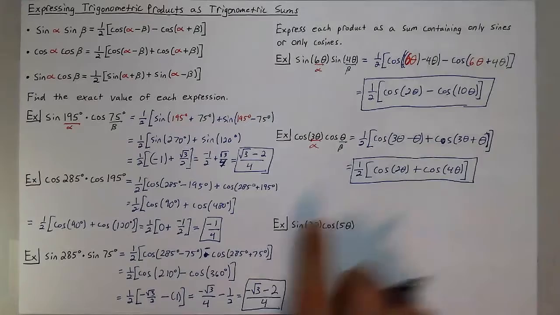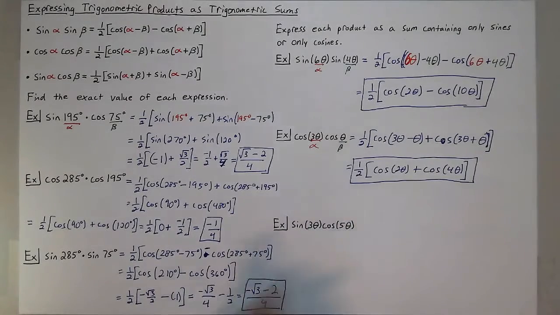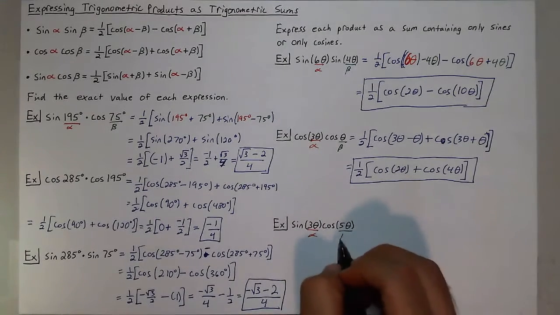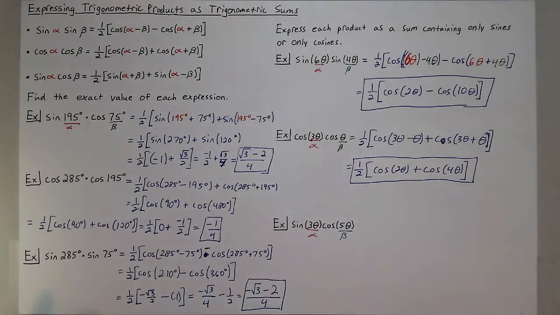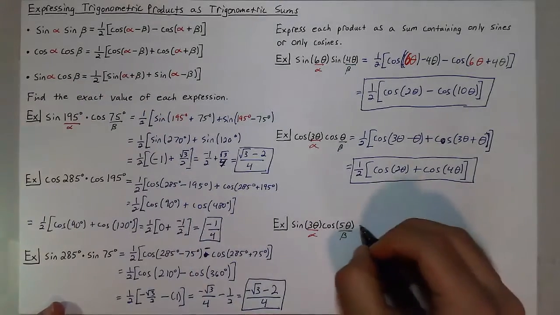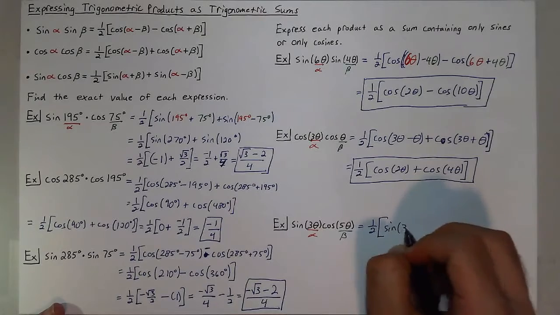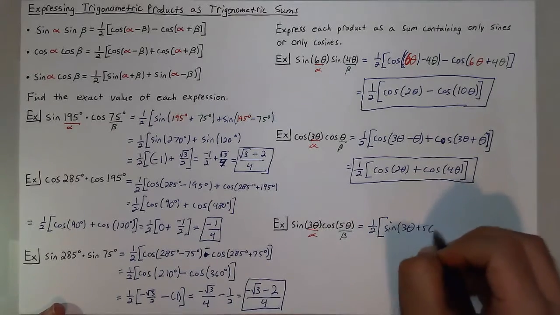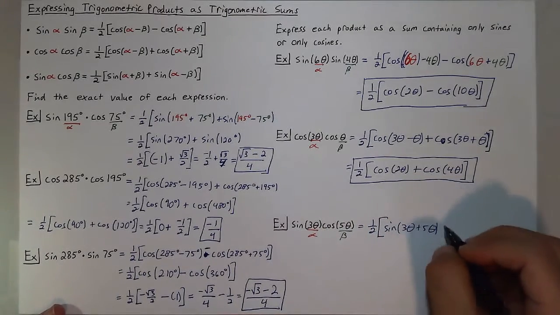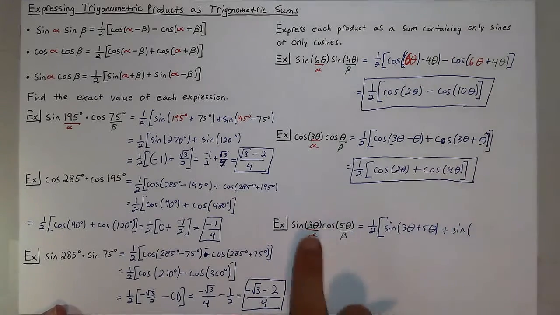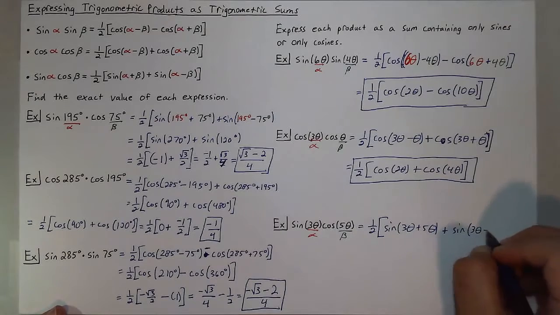And lastly, I say I have sine of 3 theta, cosine of 5 theta. I can let my 3 theta be my alpha and my 5 theta be my beta. And that gives me, using the bottom formula, 1/2 of sine of 3 theta plus 5 theta plus sine of 3 theta minus 5 theta.